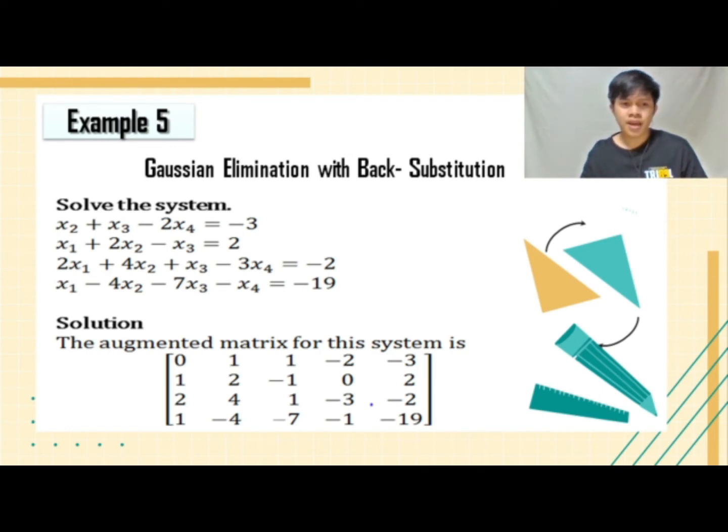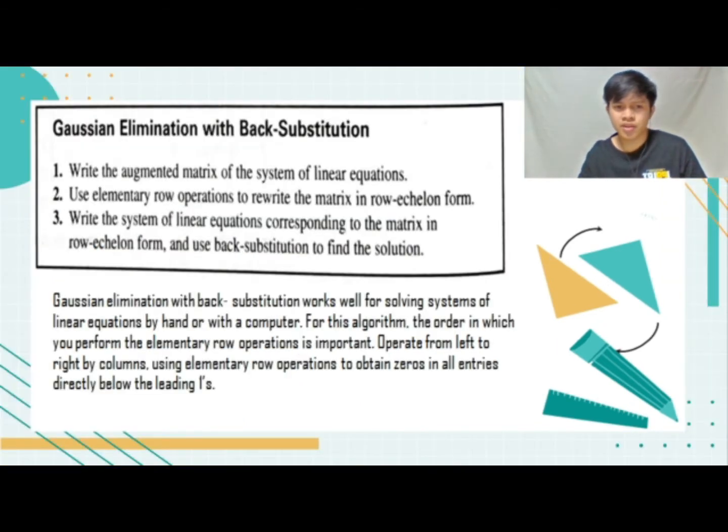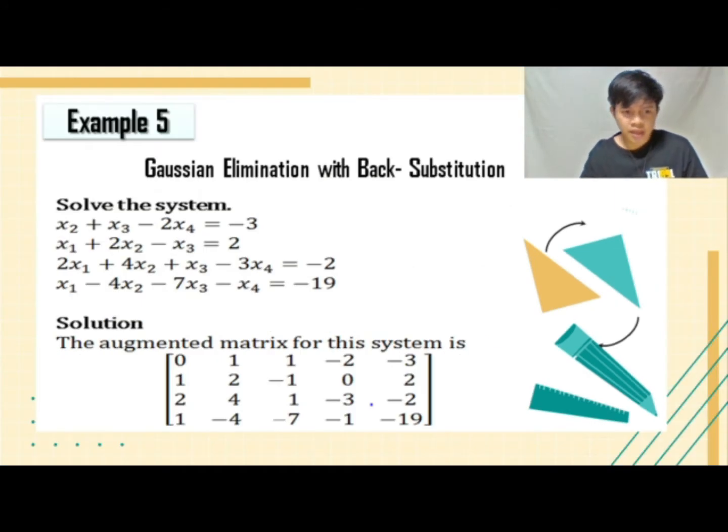If you remember the step-by-step in Gaussian elimination with back substitution, the first step is to write the augmented matrix of the system of linear equations. So here in the solution, the augmented matrix for the system is, since x sub 1 was missing, we are going to write 0.